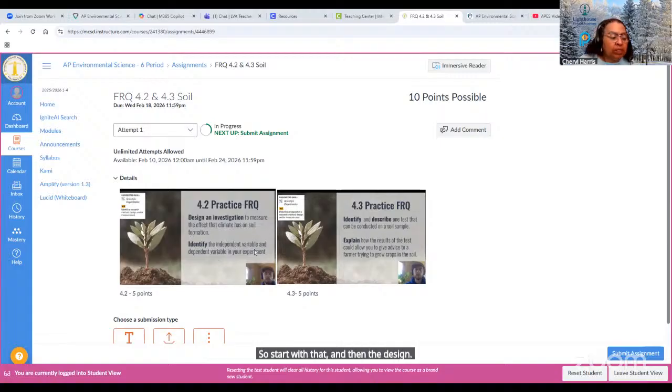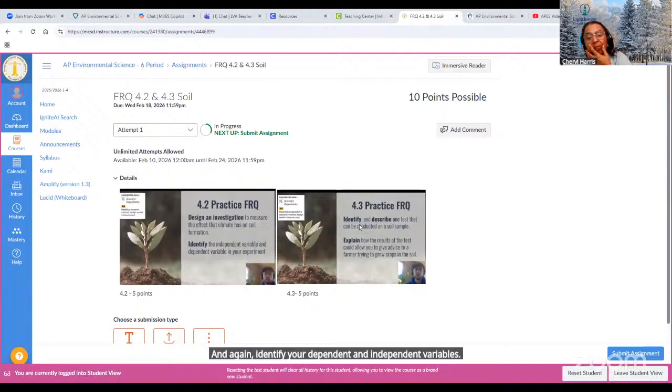So clearly identify what your independent and dependent variables are, and then design an experiment to test the effect of climate on the soil formation. So again, we need to talk about formation, the layers of the soil. Pick a type of climate that you want to test and what that has to do with the soil formation. And again, identify your dependent and independent variables.